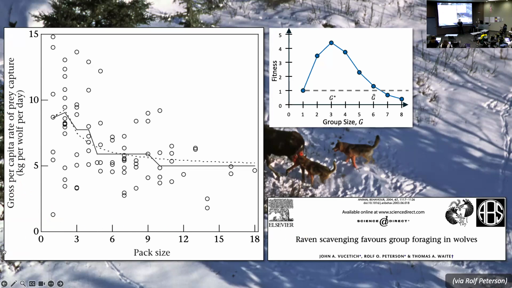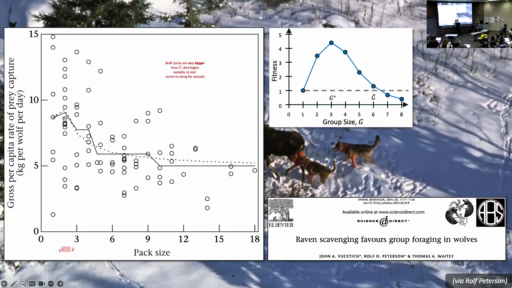You go and observe how big each pack is, then watch them for many, many days, see how much prey each pack took down, and generate a plot like this. This is for packs of size one, that's one wolf alone. This little peak up here is two wolves, and this is three wolves down here. This is the best fit line for this.